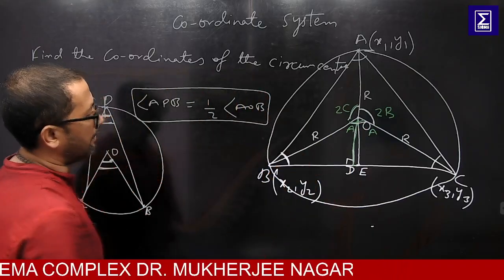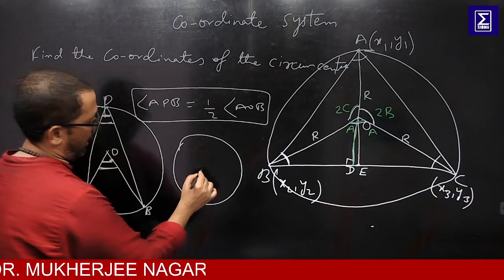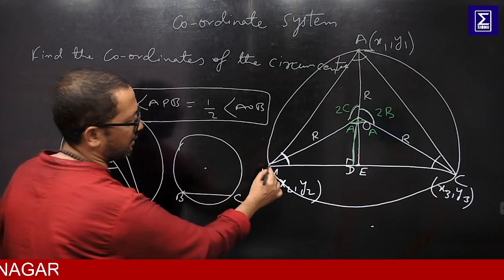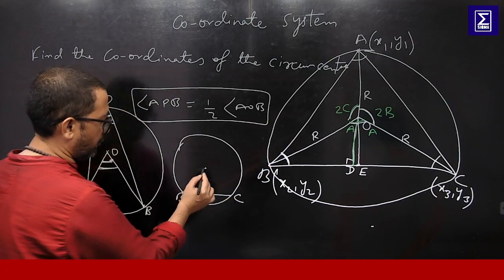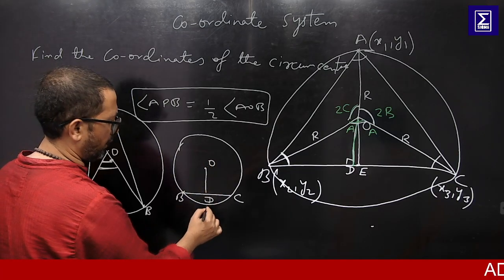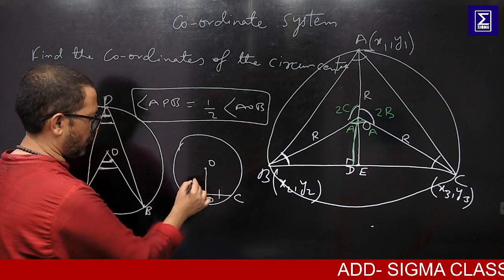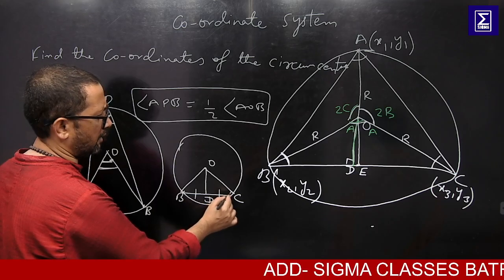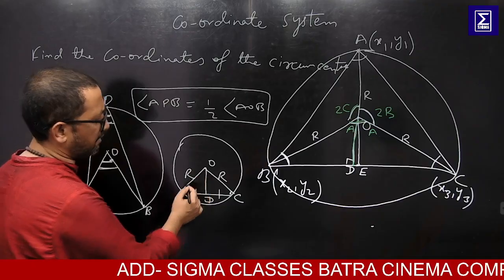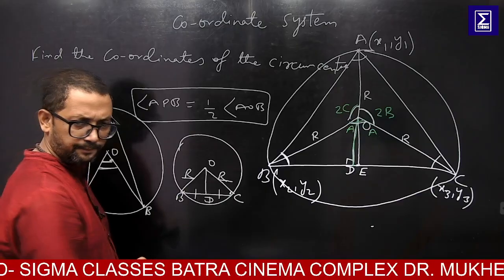Now see here, if there is a circle and this is the center, and here BC is considered as a chord. BC is nothing but the chord of the circle. If you draw a perpendicular from the center to the chord, here it is OD, then it is divided into 2 equal halves. These two are the radius, the circumradius. Not in this triangle, but in the bigger triangle I am talking about. So both radii are equal.